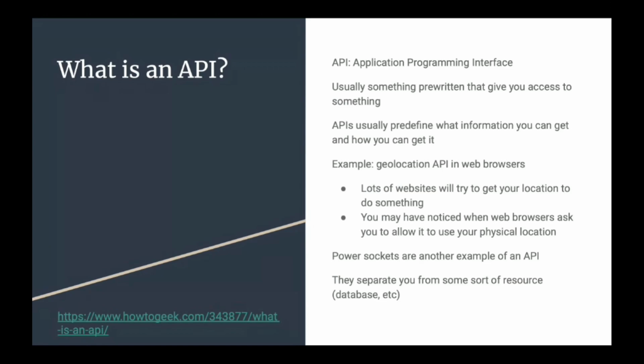And one time somebody told me that if you're the client and wherever electricity comes from is your database, then the power socket in your wall is kind of like the API. A lot of times APIs will be the middleman between you and someone else or something else. In a lot of cases, it's a database.